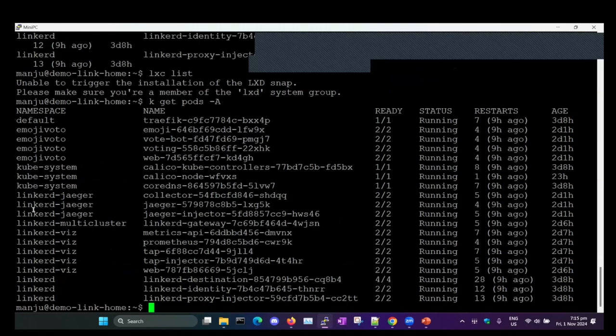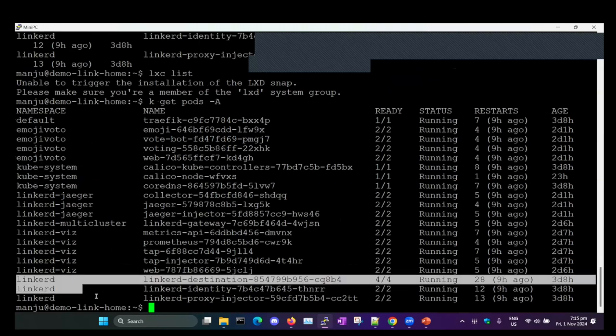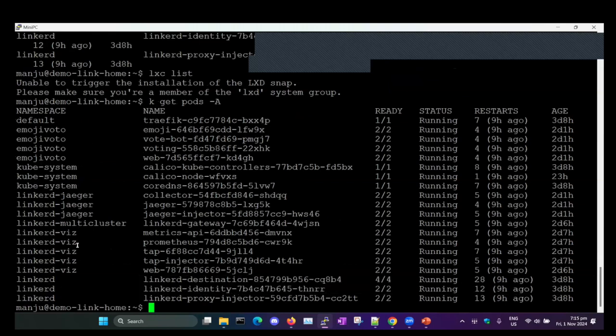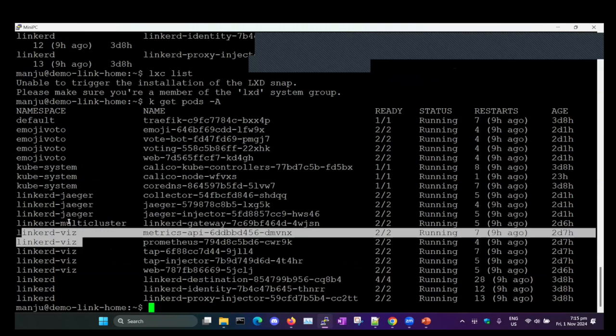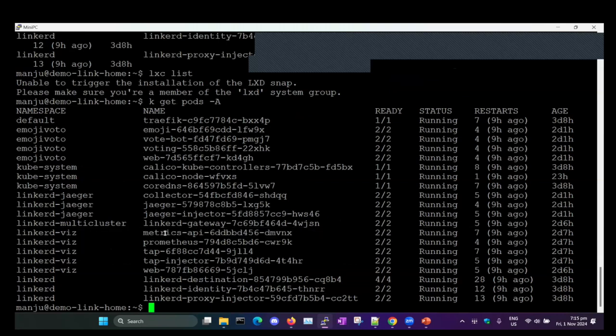You have the Linkerd core component, the dashboard component, and so on. I haven't deployed any deployment here. I also have a separate cluster.